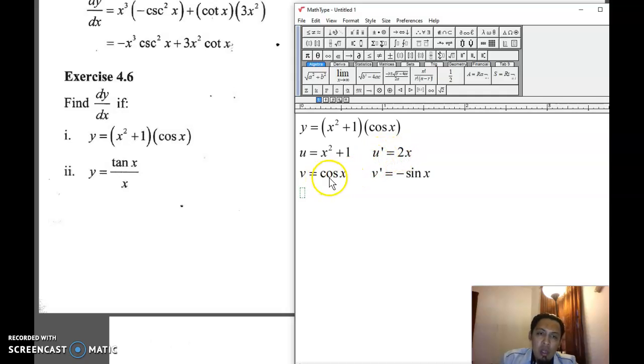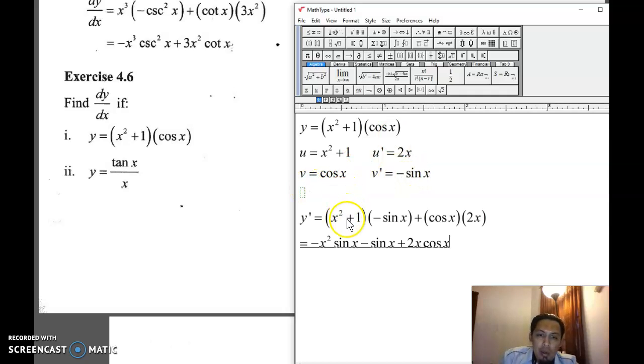As for v, you can refer to the table just now. The derivative of cos x is negative sin x. Next, plug it in. You have u v prime plus v u prime, and just expand it and see whether it can be simplified further.